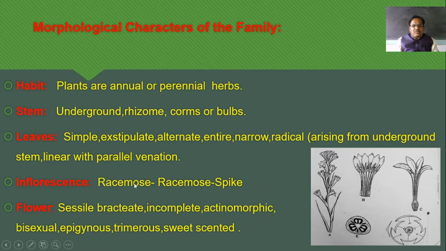In racemose, older flowers are present at the base and younger flowers, the buds, are present at the apex. This is the nature of the racemose type of inflorescence, that is, the formation of flowers is in acropetal succession, from base to apex. The first flower is found at the base and newly formed flowers are found at the apex region.